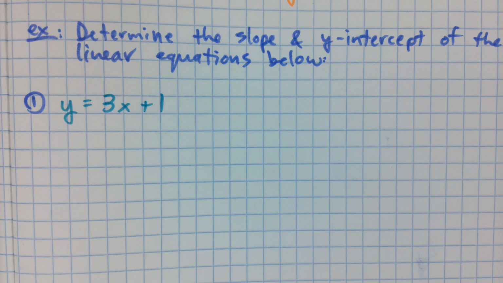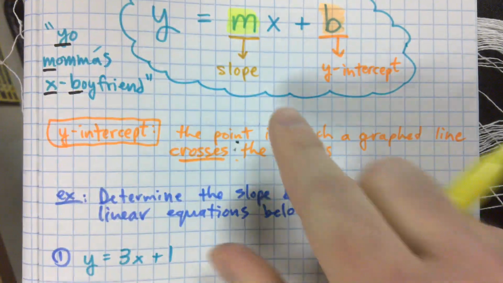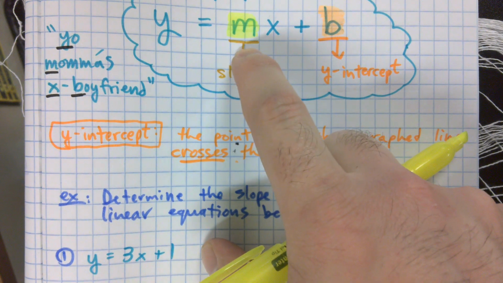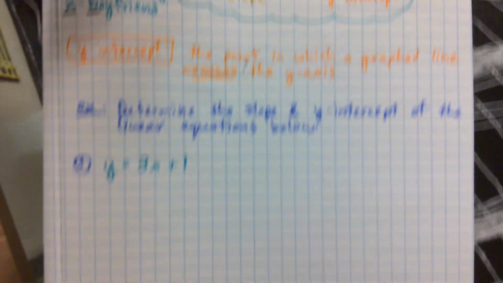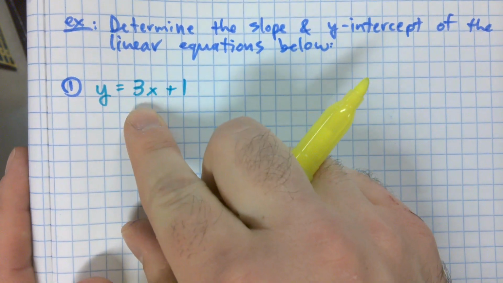Remember, today is all about just getting familiar with the format of this formula. So with our highlighters, whatever highlighter color you used for your m, I used yellow, we're going to go ahead and find the slope of this line here. y is equal to 3x plus 1.